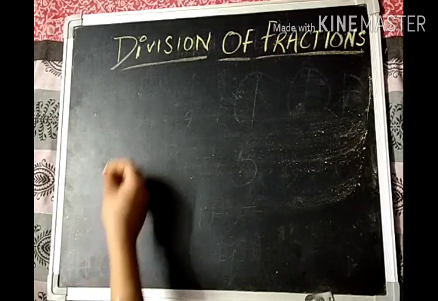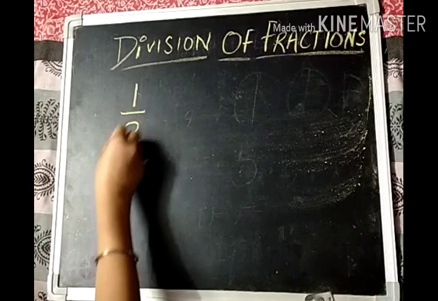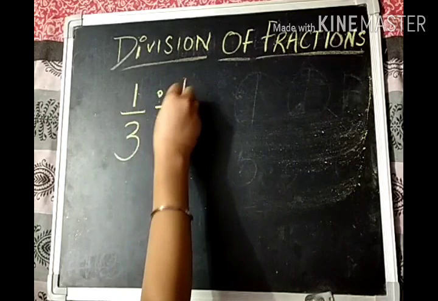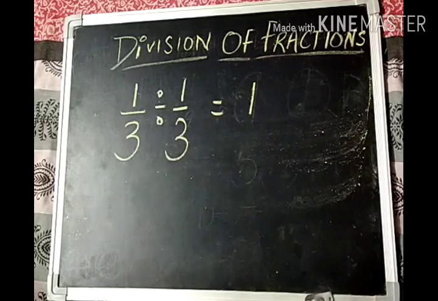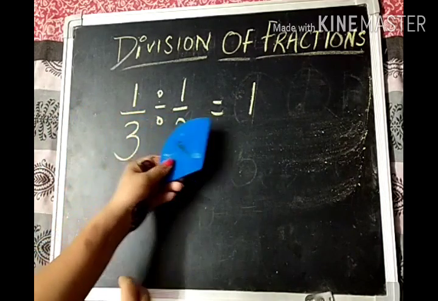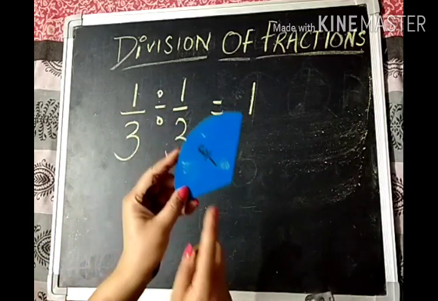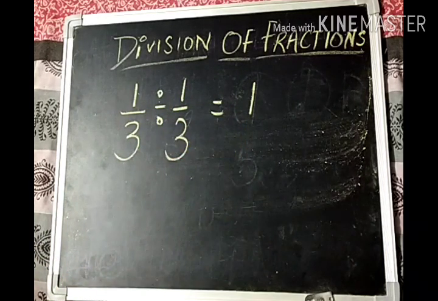Now if we have 1/3, how many 1/3 can we take out of it? Obviously 1. I have 1/3 and I have to take out 1/3. How many times can I take out? Only 1 time.